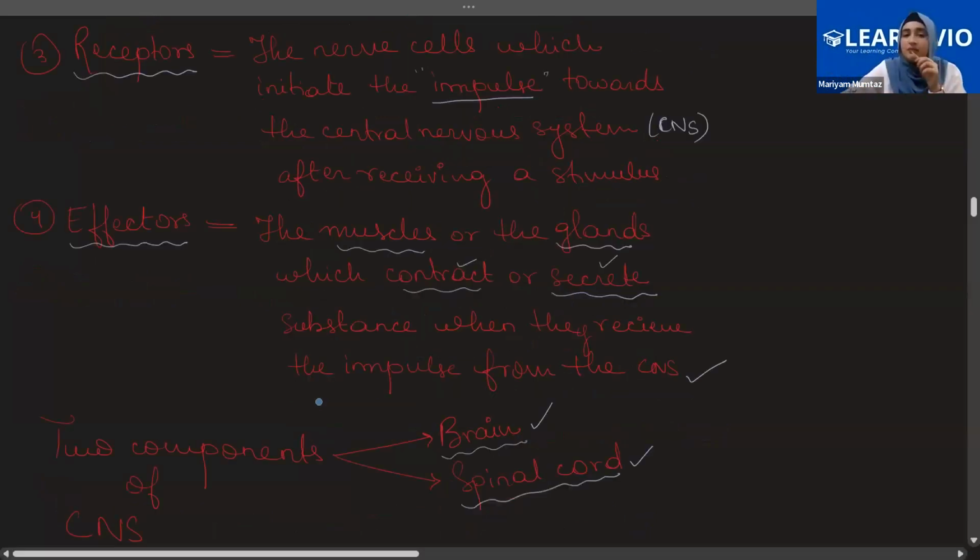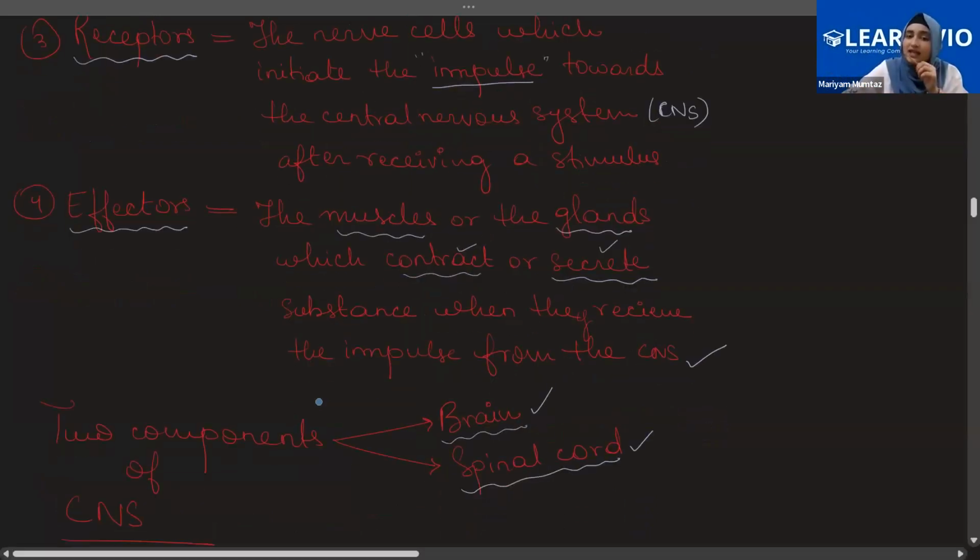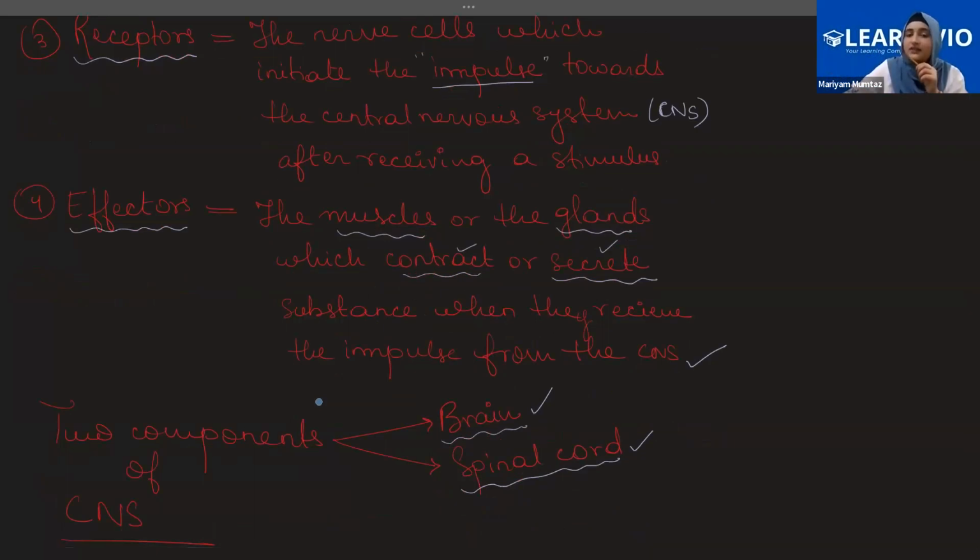Then comes effectors. Effectors are the muscles or the glands which contract or secrete substances when they receive the impulse from the CNS. For example, I patted your back, your receptors took that information to the brain, your brain comprehended that, and then it sent a response. Now, the response is turning back. For turning back, your bones and muscles will be active because you're moving your body.